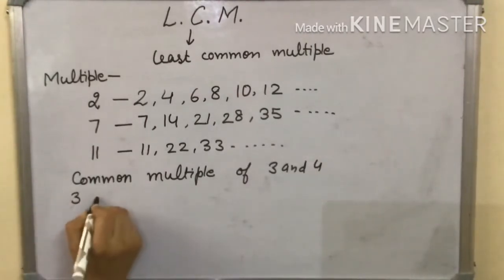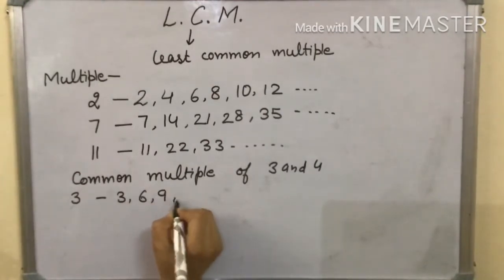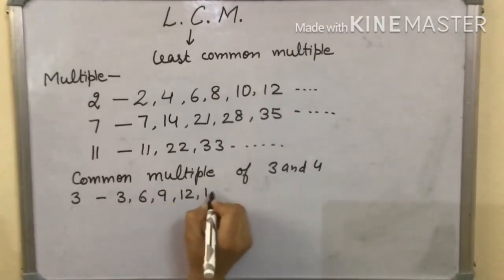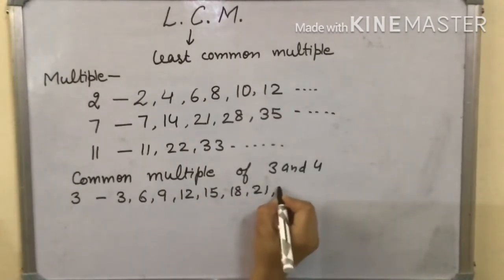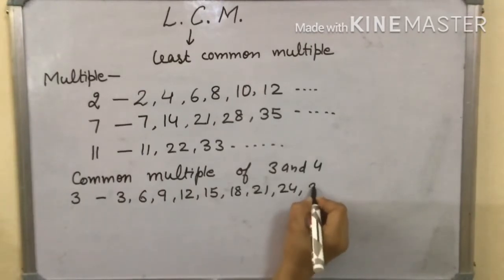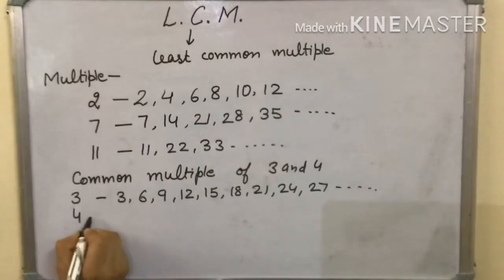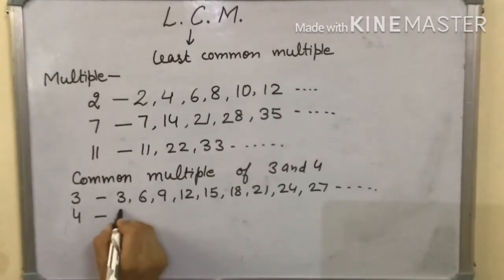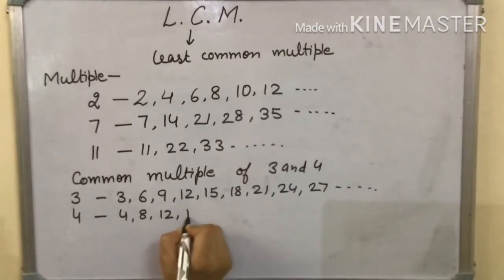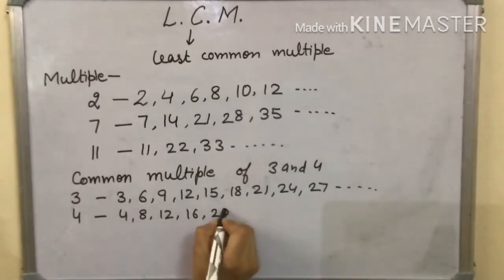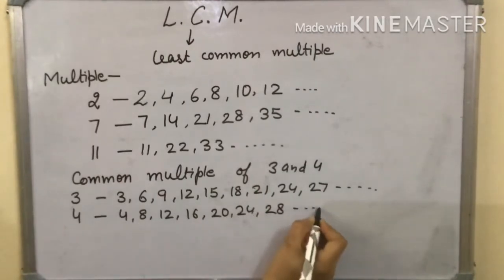The multiples of 3 will be 3, 6, 9, 12, 15, 18, 21, 24, 27 and so on. Now multiple of 4 is 4 के multiple होंगे 4, 8, 12, 16, 20, 24, 28 and so on.